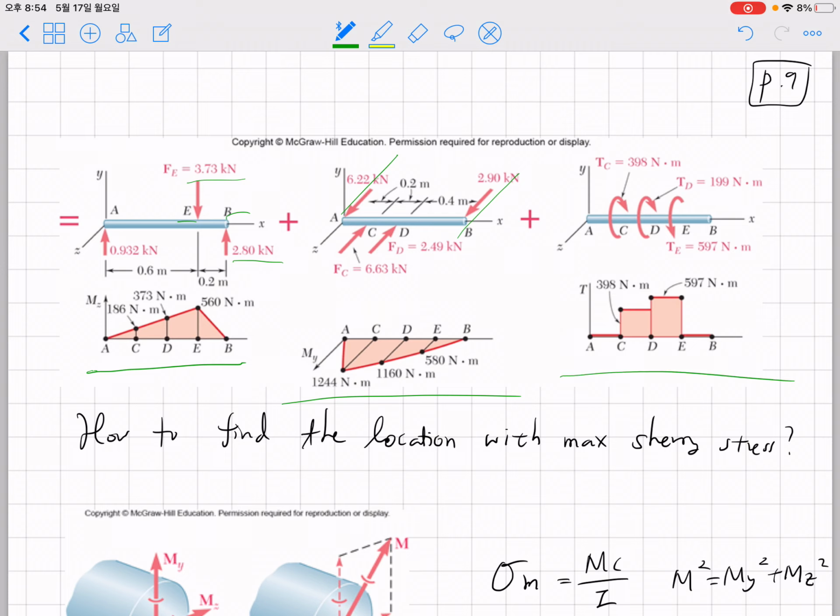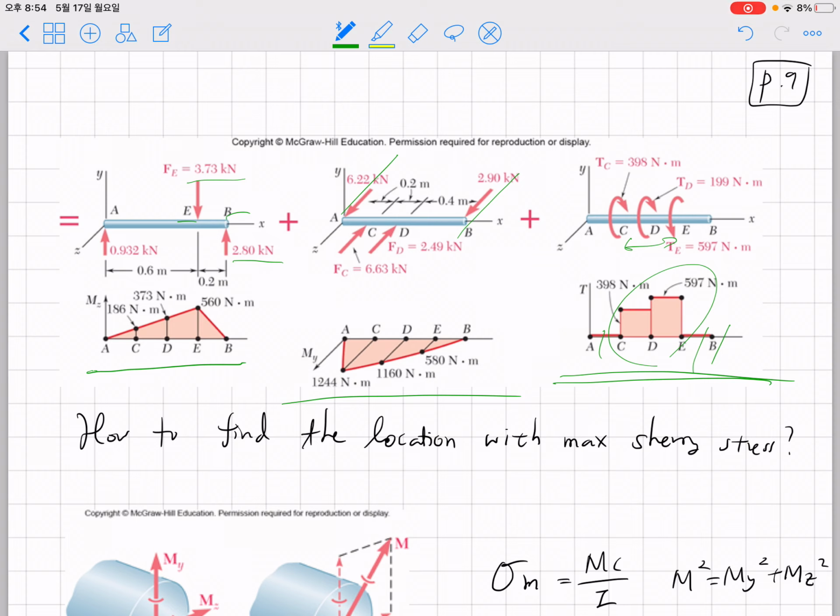And regarding the torsion T, you can draw the diagram like this. Torsion at here and there is balanced out to be 0, but there is torsion within the C and E section. So you can draw this moment diagram and torsion diagram as a function of position, according to our knowledge in chapters 4, 5 and 3.